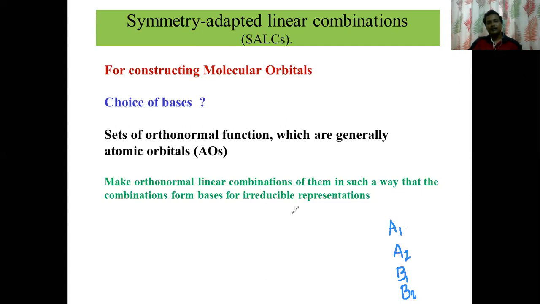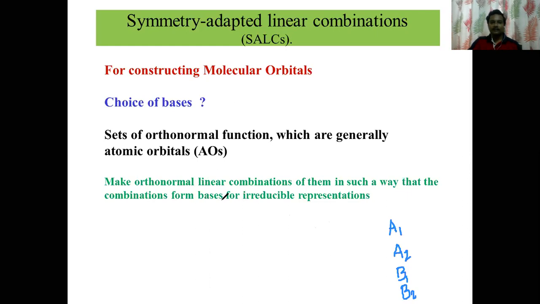Okay, so the idea is that if we take the atomic orbitals of the oxygen atom and hydrogen atoms, we should take the linear combination in such a way that the resultant combinations follow these irreducible representations. That is the one thing we have to remember, that the combinations form the basis for the irreducible representation.